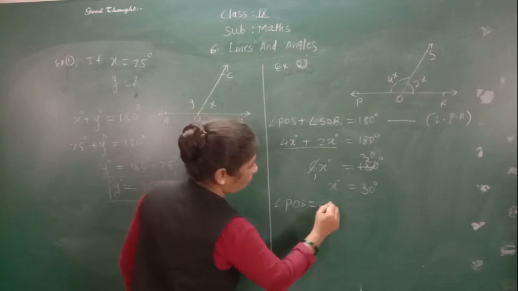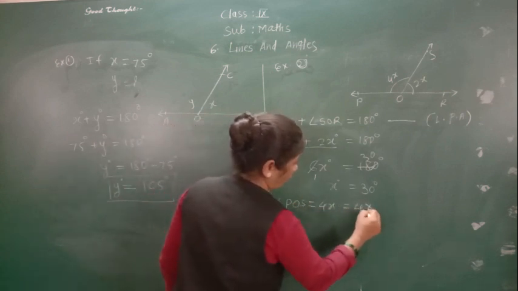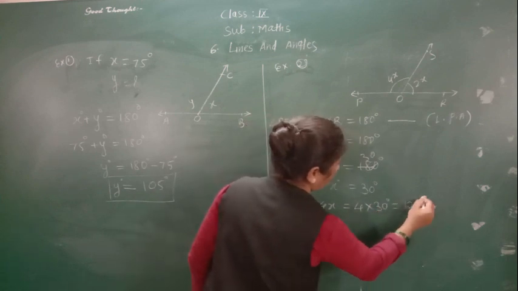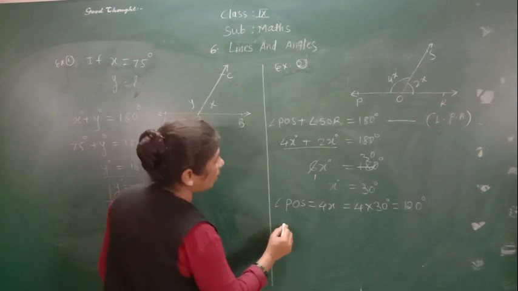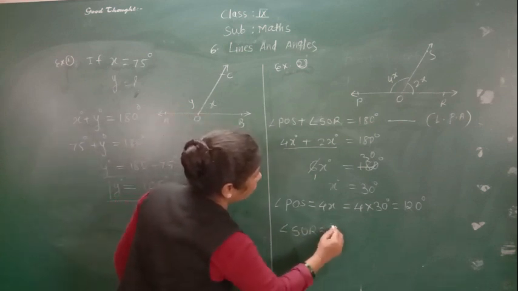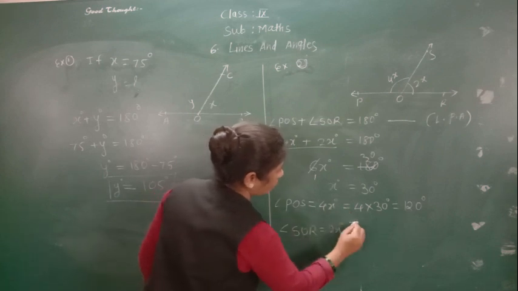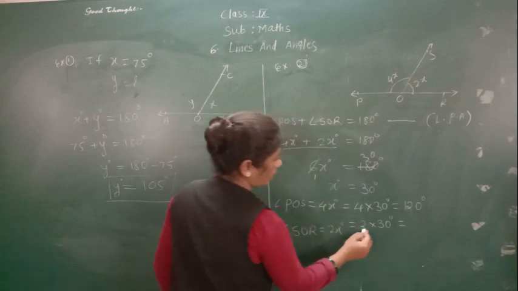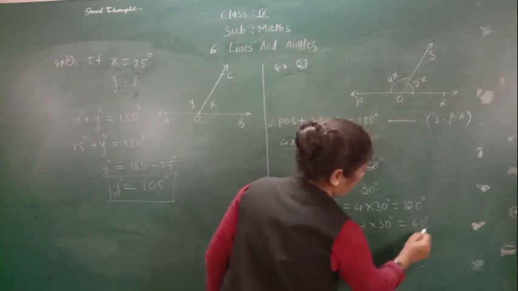POS equals 4x, so 4 into 30 degrees, 4 threes are 12, 120 degrees. And angle SOR equals 2x degrees, so 2 multiplied by 30 degrees equals 60 degrees.